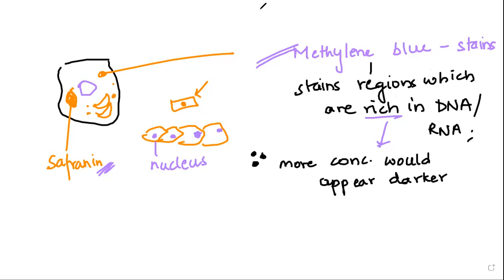And yes, other stains would definitely be, as you all have already given me one, I will add the names which are new for you. One is safranin, of course, right?